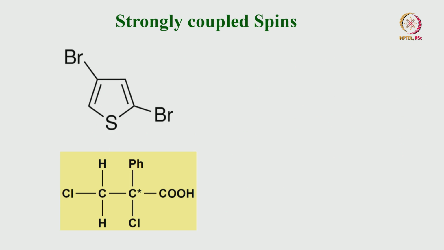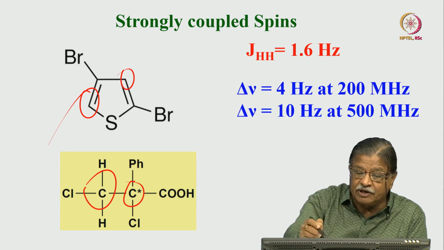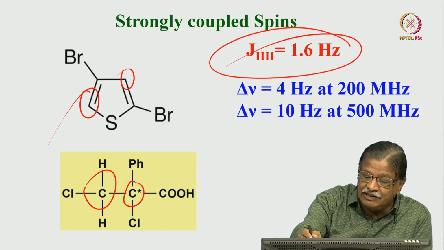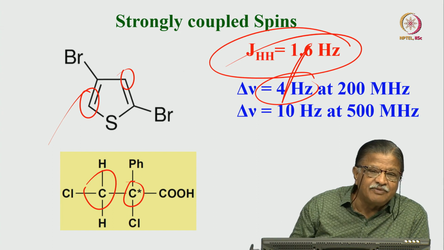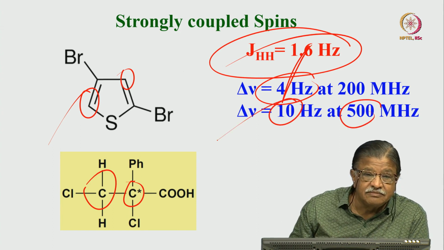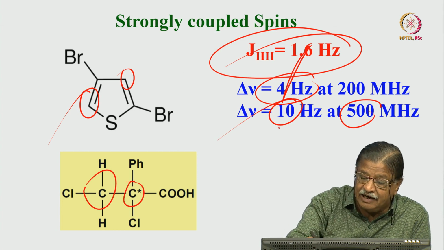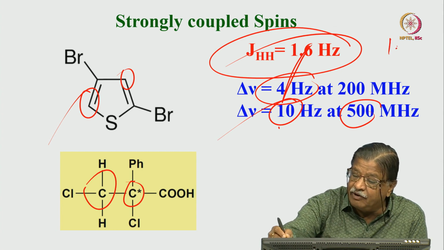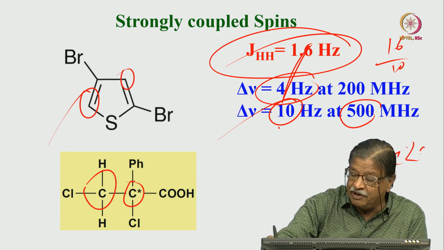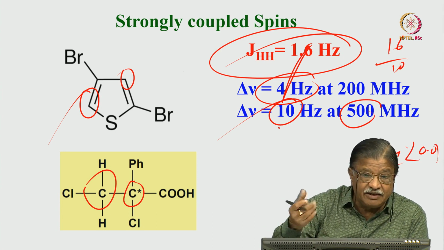A strongly coupled example is like this. There are two protons here, this and this, for example two carbons coupled. This proton-proton coupling is 1.6 hertz and the chemical shift difference is 4 hertz, a very small value. Even if you go to 500 megahertz, it is only 10 hertz. If you take J over delta, 1.6 over 10 hertz, this is not very much smaller than 0.001, which is what we should get for weakly coupled.